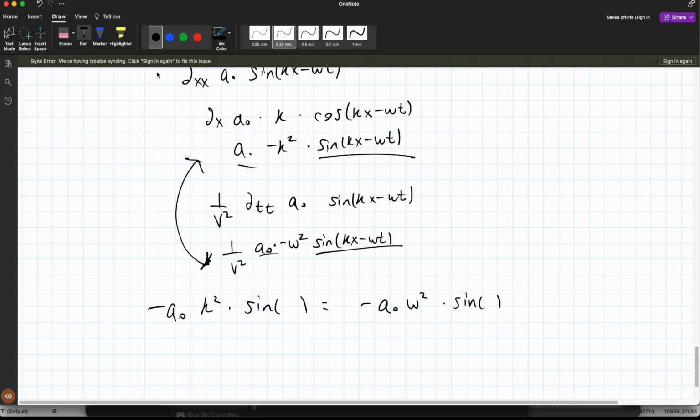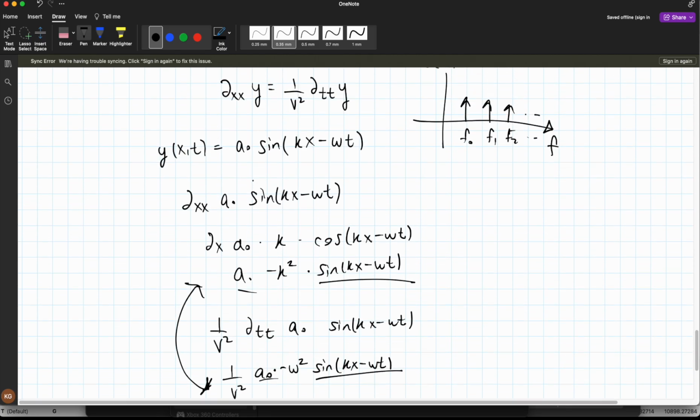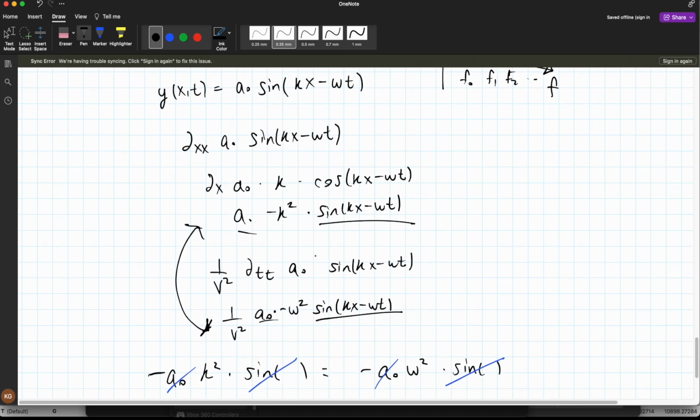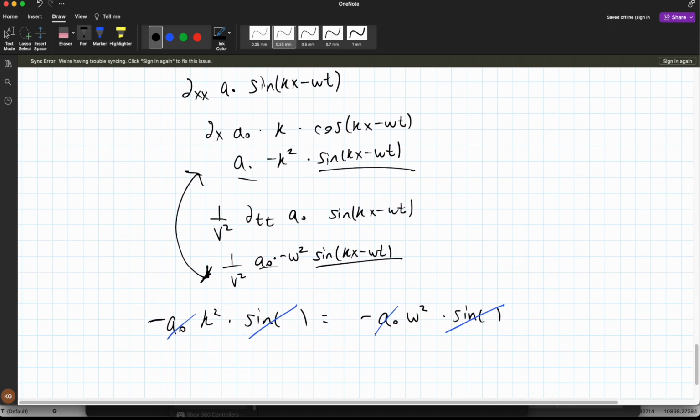So the sines cancel. A naught cancels. And I forgot to put the 1 over v squared on the right hand side. Remember, there's a 1 over v squared on the right hand side.